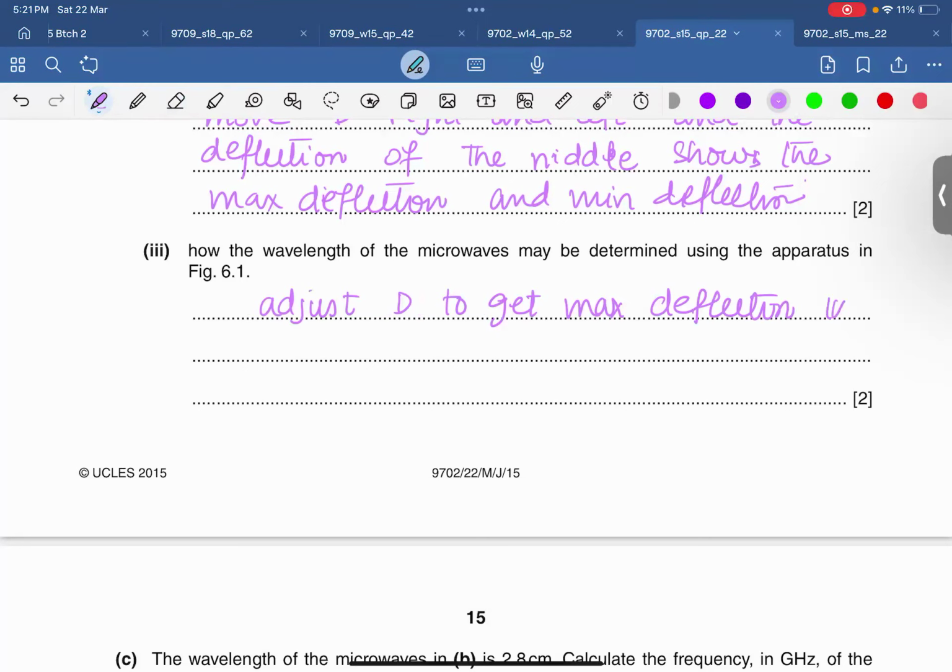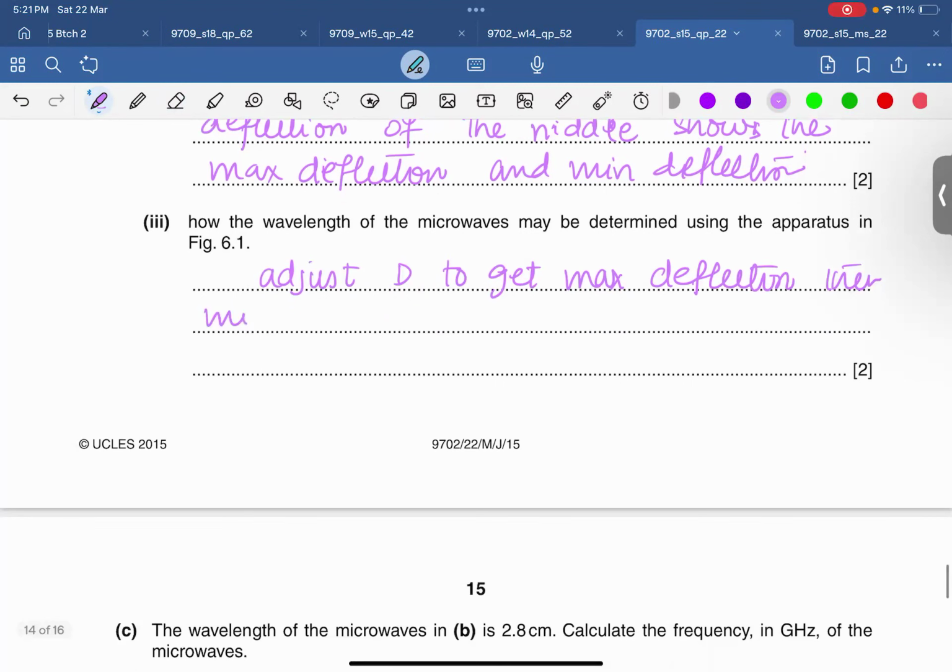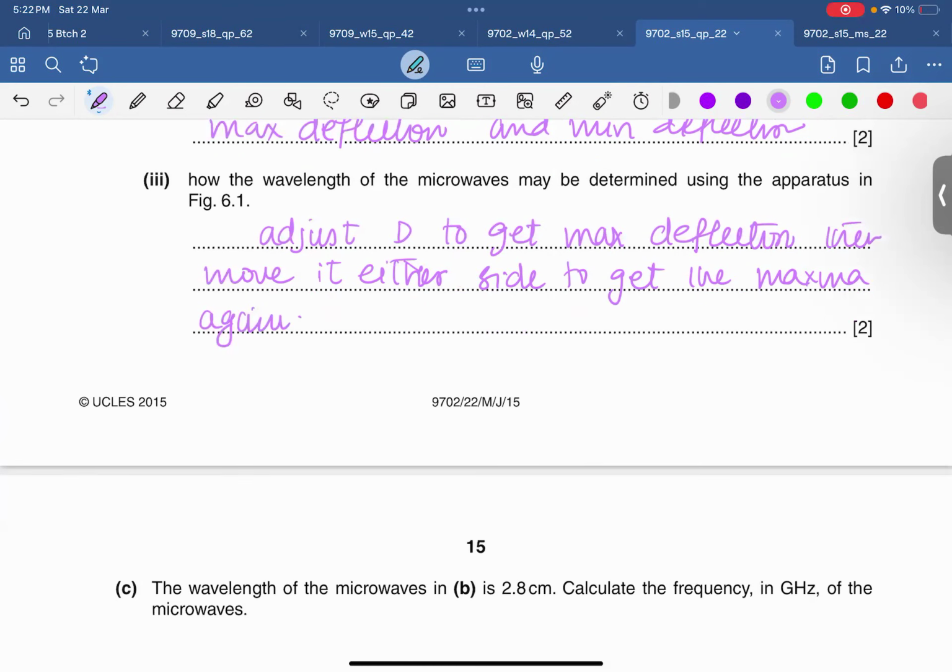Then move it either side to get the maxima again. After that, measure the distance and times it by 2 for the wavelength.